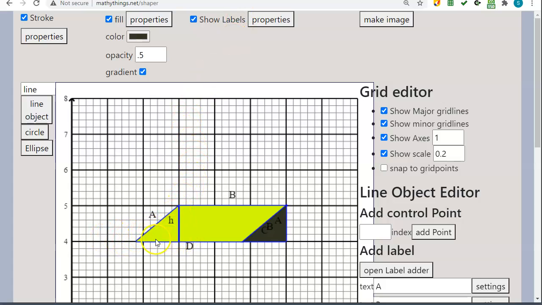So if I stretched one end of this further, so I went 15 on top, I'm going to draw another parallelogram. Oh, I forgot I have to click and let go. 1, 2, 3.